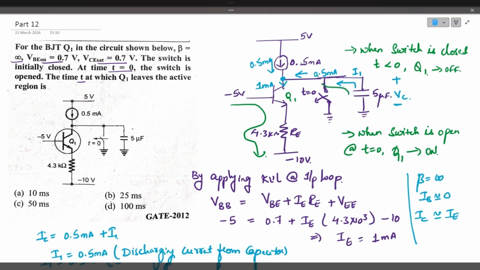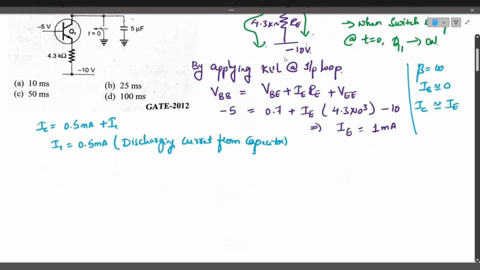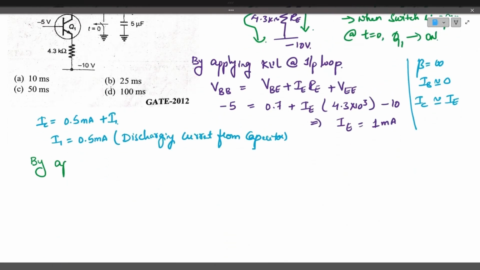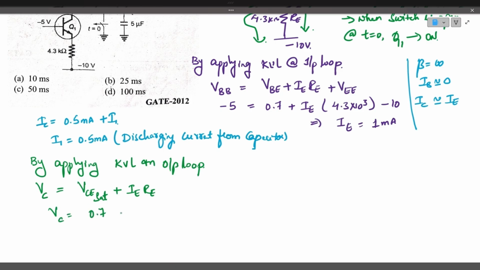By applying Kirchhoff's voltage law in the output loop, the voltage across the capacitor VC equals VCE saturation, that is the collector to emitter voltage, plus VE, the voltage drop across the emitter resistance, which can be written as IE times RE, plus VEE. Substituting the values: VCE saturation is 0.7 volts, the emitter current is 1 milliamp, the emitter resistor is 4.3 kilo ohms, and VEE is minus 10 volts.